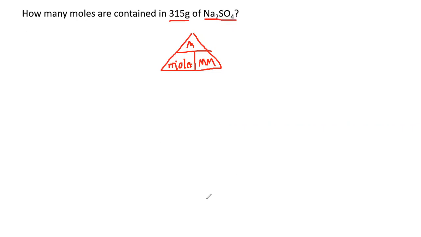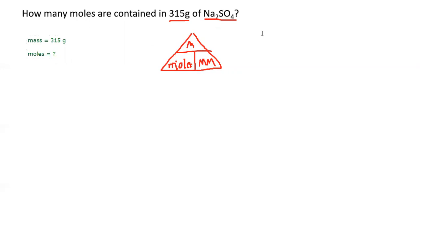So we know the mass of sodium sulfate is 315 grams, and we want to calculate the moles. Moles we don't know, mass we do know. So to calculate the moles, we need to take the mass divided by the molar mass.